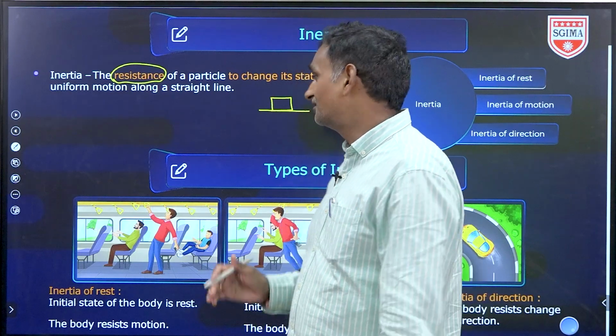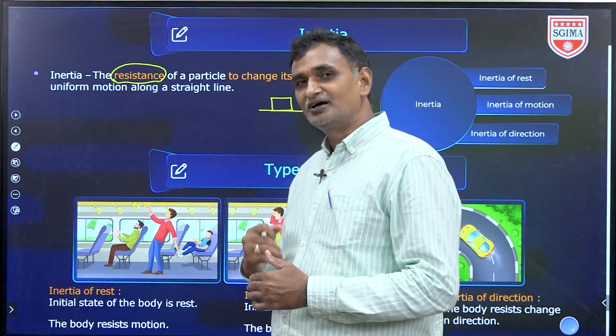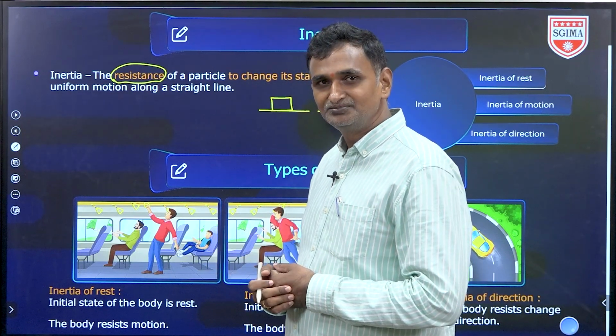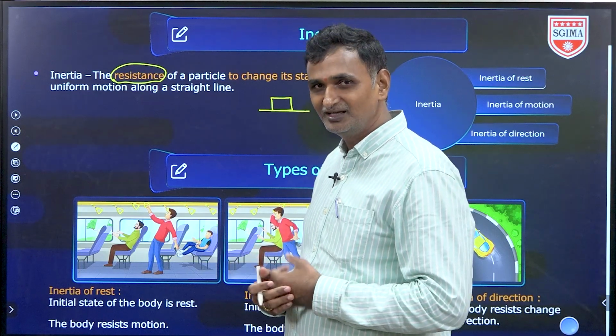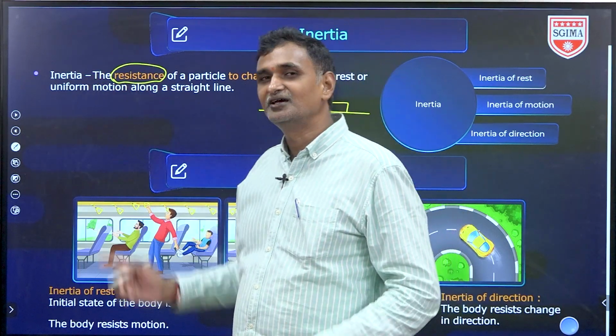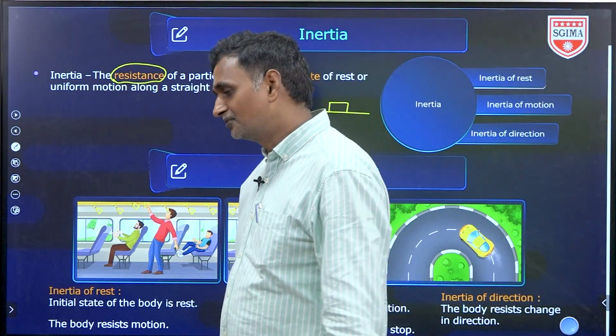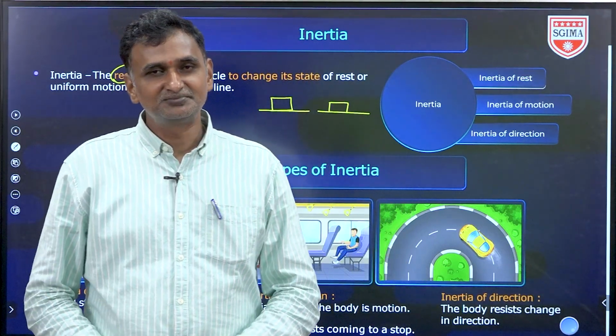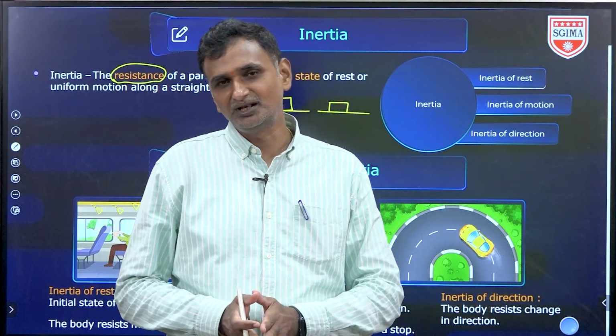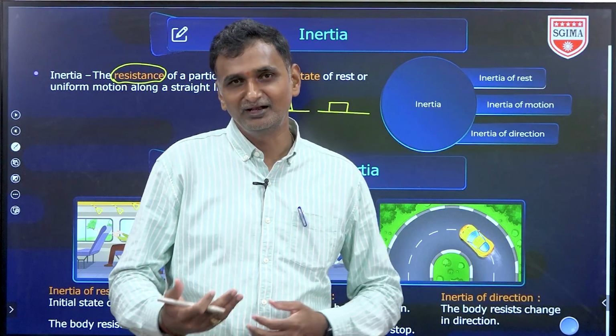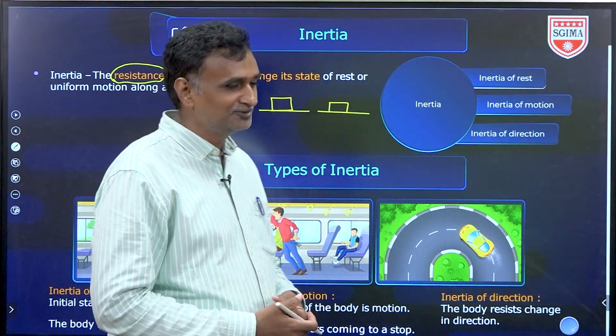If the object is in motion, it will continue in the same motion. It won't change its state, and that is what we discuss as inertia. In detail, when we discuss this, we can enter into the first law.